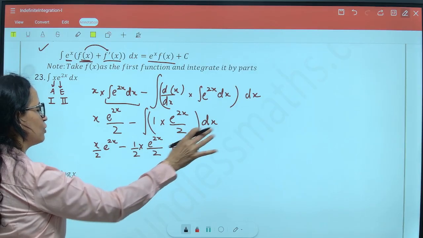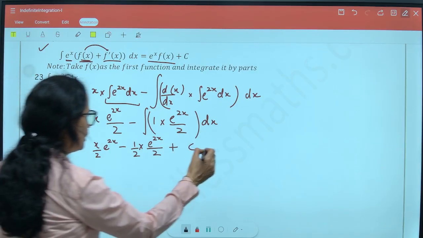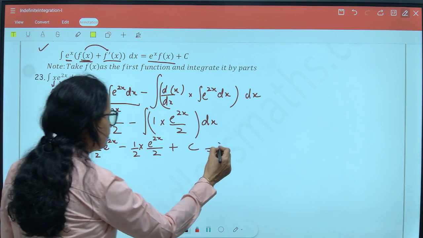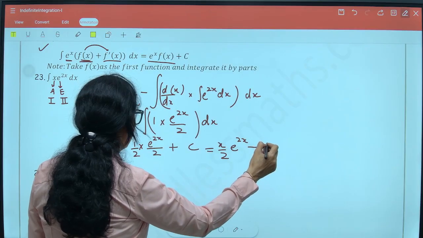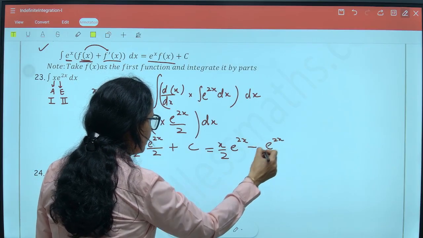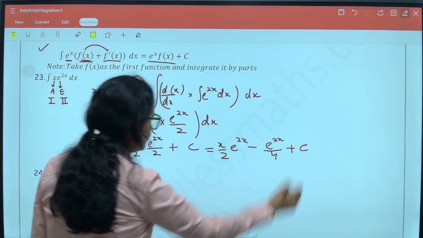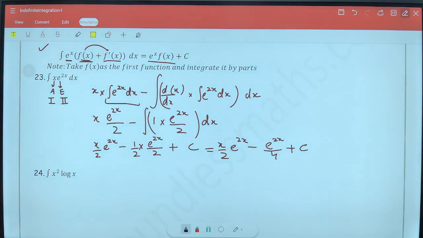Put the constant of integration only once. So now this entire thing becomes x by 2 e raised to power 2x minus e raised to power 2x by 4 plus c. So this is my answer.